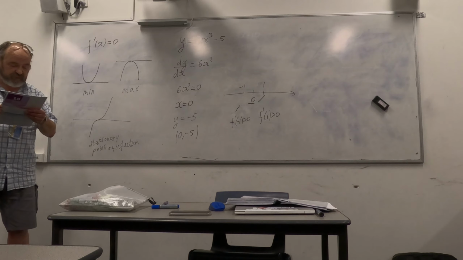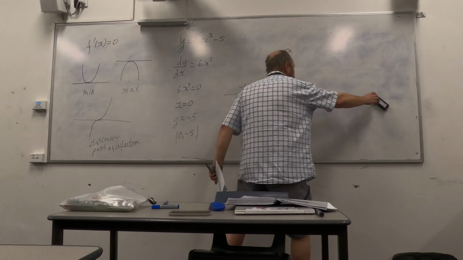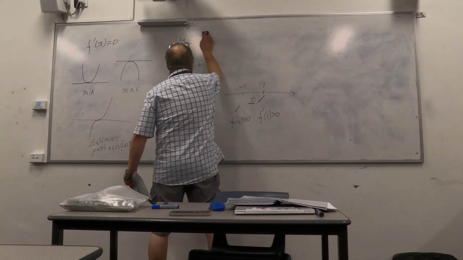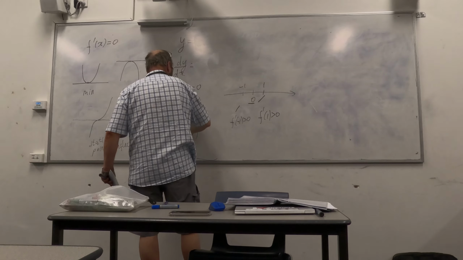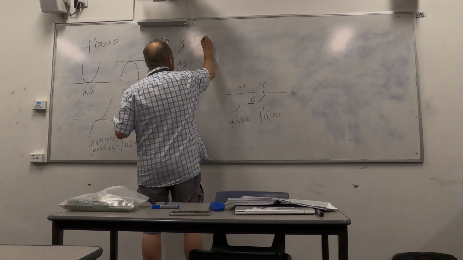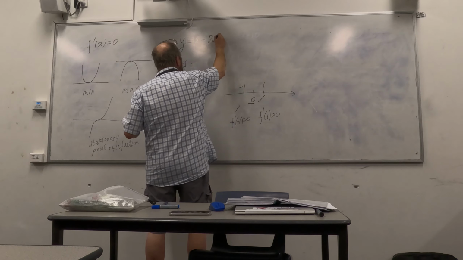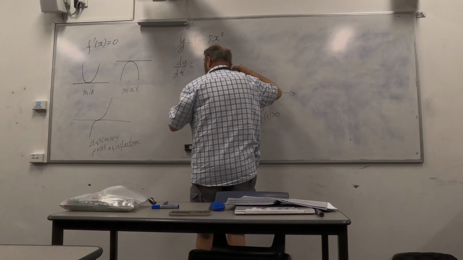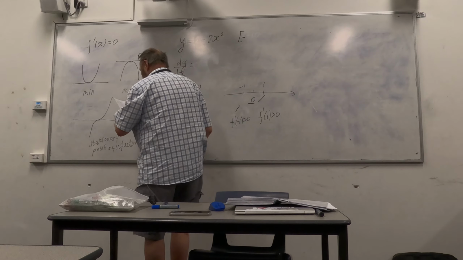For example, let's consider function y equals 2 minus 8x squared with a domain from -2. So I will write proper notation to remind you.